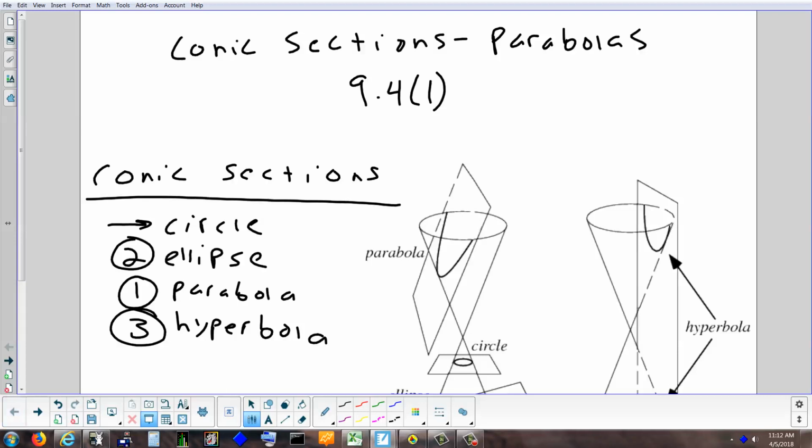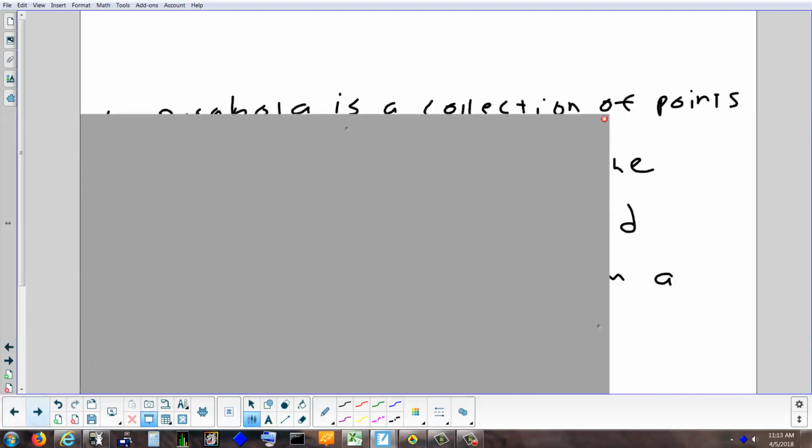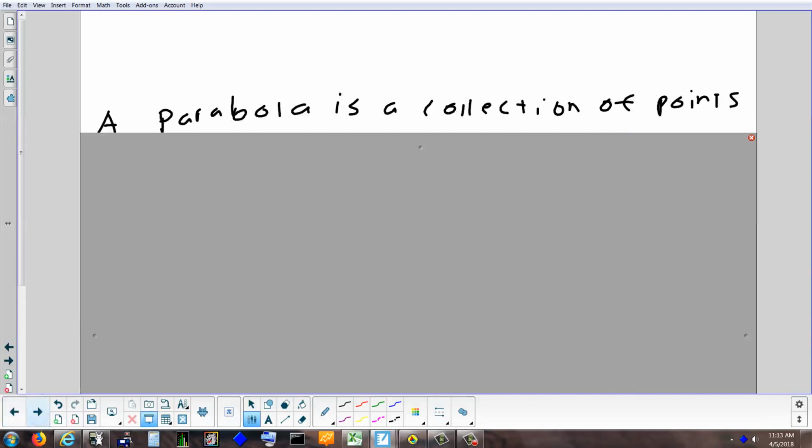Now I'm going to do the same thing with a parabola. And that's what we're going to focus on for the rest of today. So a parabola is still a bunch of points, but here's where the definition is going to change from being the same distance from a center point.